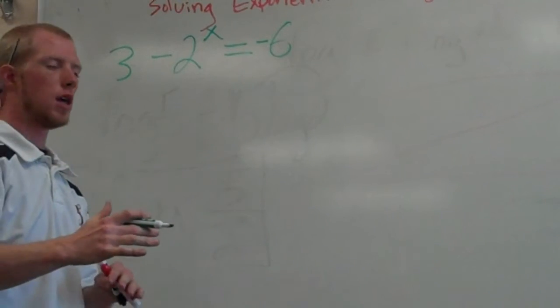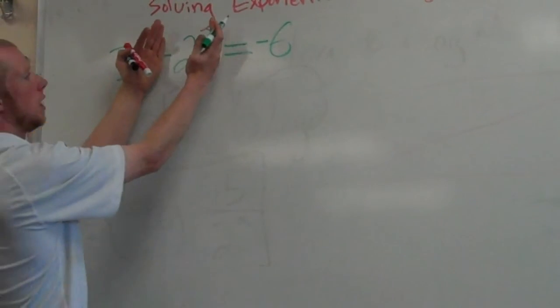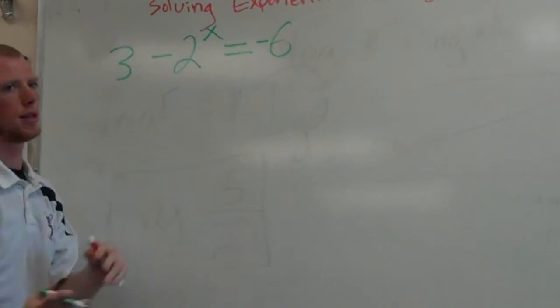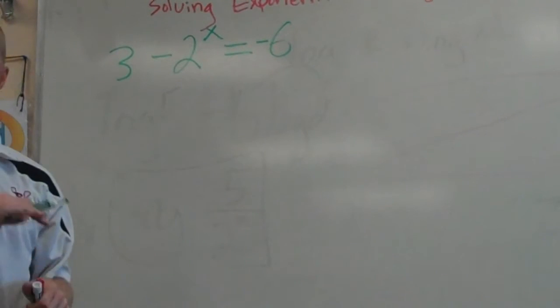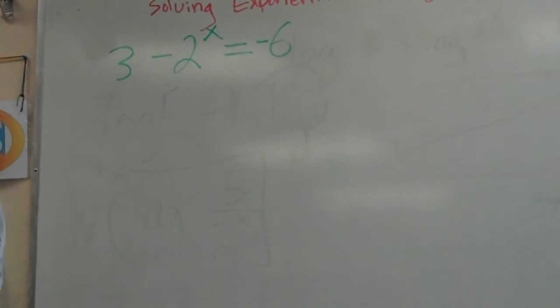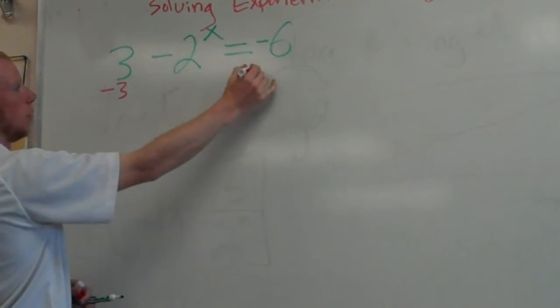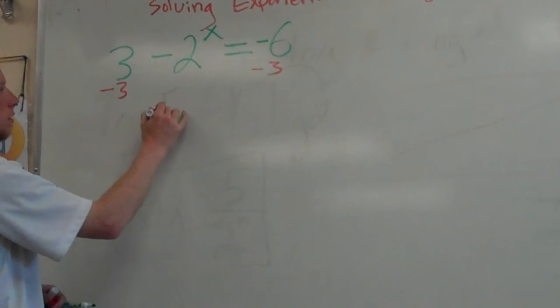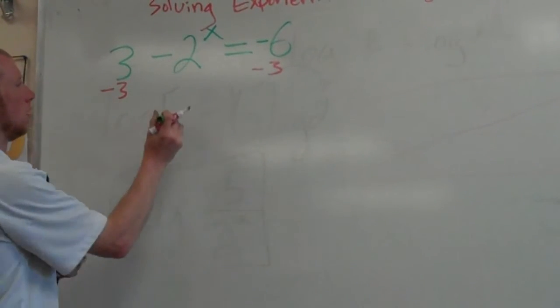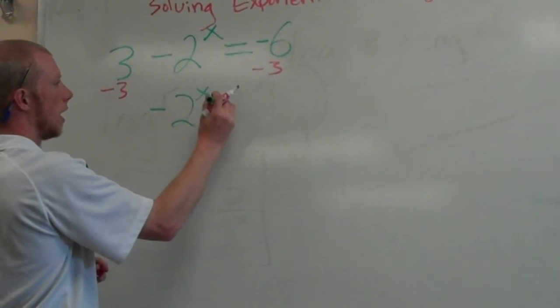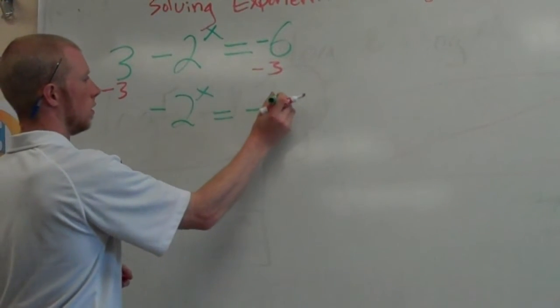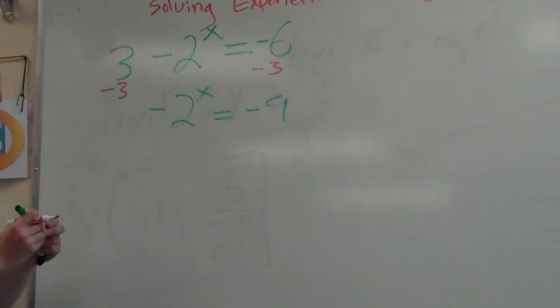Well, the first thing is going to be to get the exponential term by itself. Our goal is to make these look simple like we did before. So my first step here is to get the exponential term by itself by subtracting 3 from both sides. I'm left with minus 2 to the x equals negative 9.